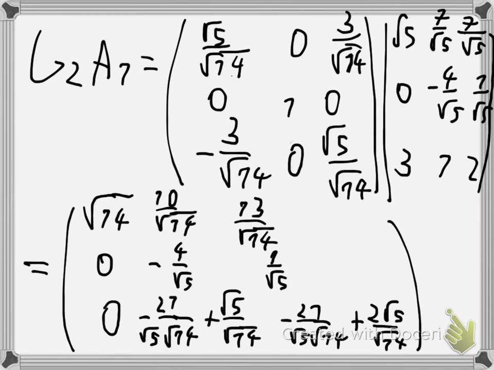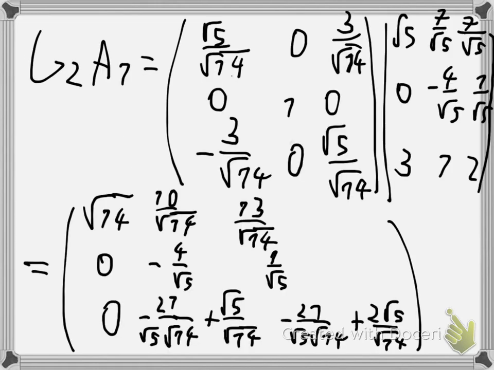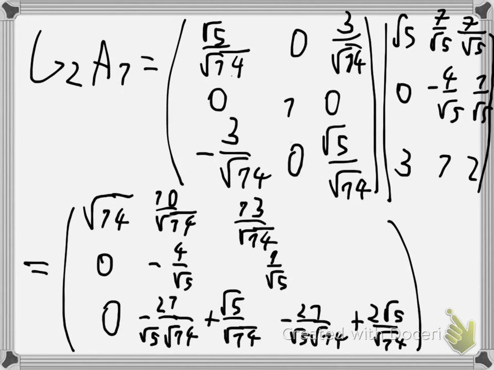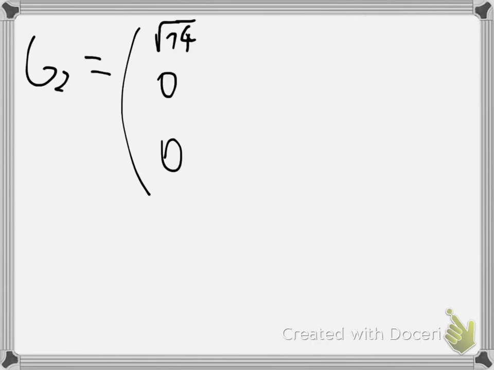Okay, and so we can rewrite that a little bit. 0, 0, 10 over square root of 14.